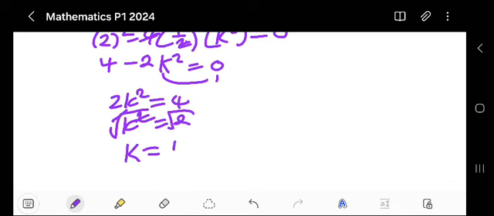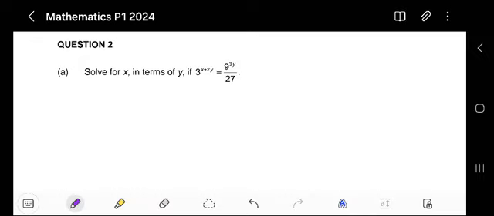We'll have plus or minus. Remember, when you take the square root, you have plus or minus, isn't it? We'll have plus or minus the square root of 2. That is the value of k.